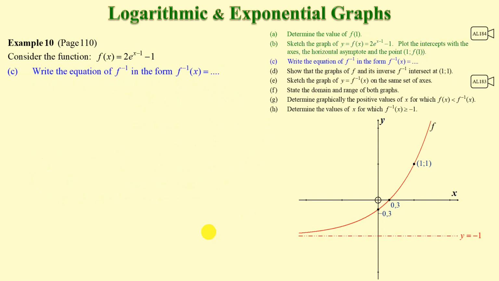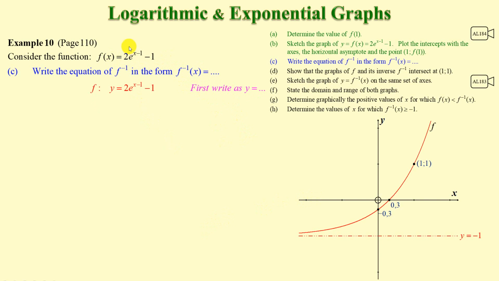Now we have to find the equation of the inverse function f minus 1. So remember that if we have to find the equation of an inverse, we need to swap the x and y. So we're going to find f minus 1 of x by taking this as y equals.